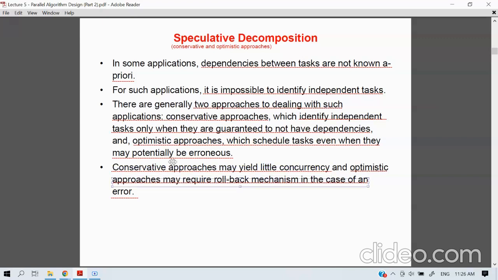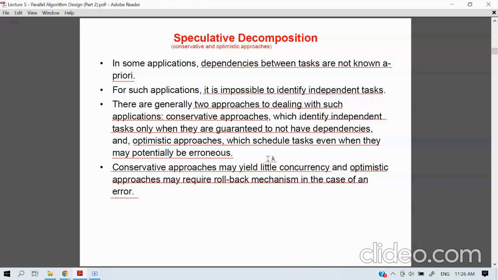However, optimistic ni bersangka baik. So optimistic approaches schedule tasks even when they may potentially be erroneous, means dia confident je, dia buat je parallel or decomposition, dia buat je even though maybe there is an error. So conservative approaches may yield little concurrency, because dia tak nak ambil risiko.